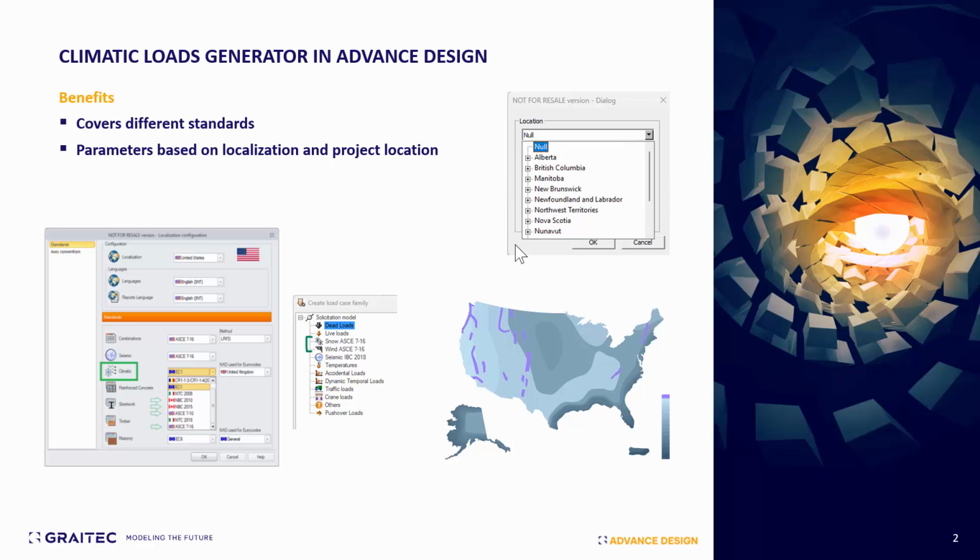So for example, we have the location-based dialog box here where you can select the localization, and Advanced Design will automatically load up the default values, let's say the base wind load pressure or base snow load, which is based on the region that you have selected. And as well for US codes, we have the full map that you can just use and assign those values just by clicking on the map and the region. So Advanced Design will automatically assign all of those base values.